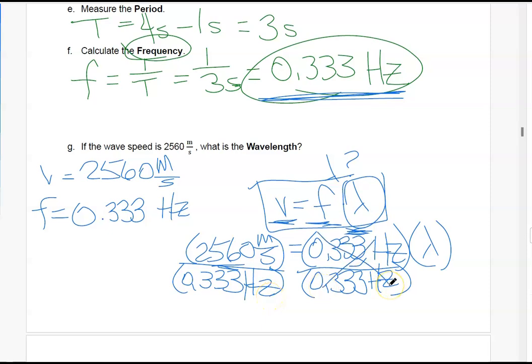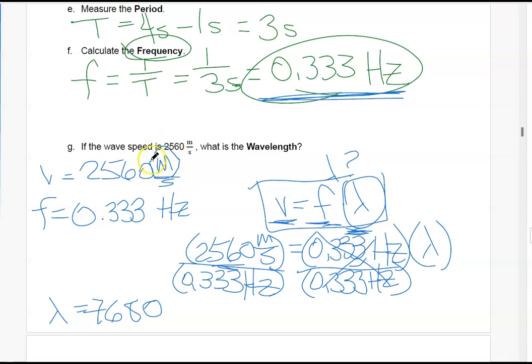These cancel, and we end up with a wavelength that equals, and you may get a number that's slightly different, but that's because I'm going to use 0.33333, many threes, and if I do that, I end up with a value of 7680 as my numerical value for the wavelength.